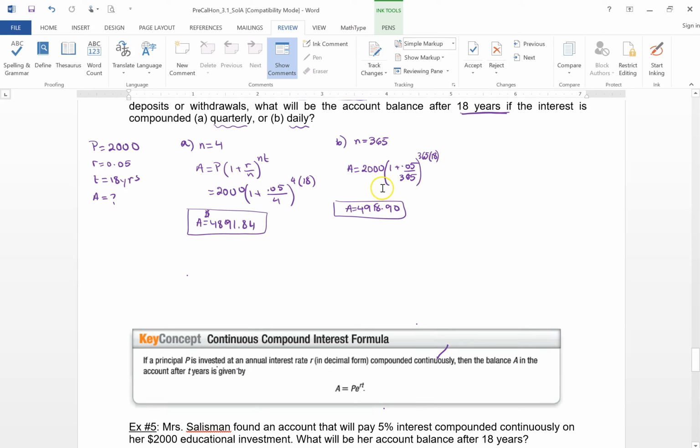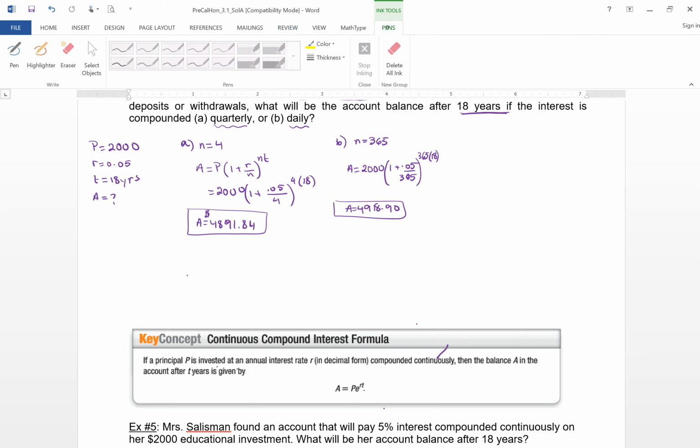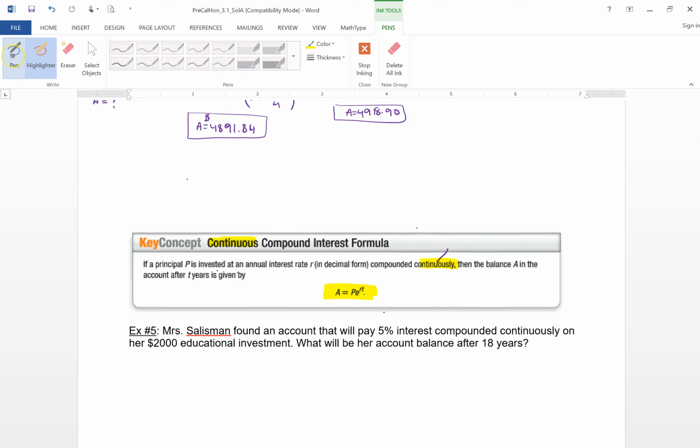But what happens when n does become infinity? It's just going to level off. So what ends up happening is, if the bank pays you interest continuously, then this is how much you're getting paid. Why? Because remember what I was saying before? Hey, this looks just like that other formula. It is (1 + r/n) to the power of nt.